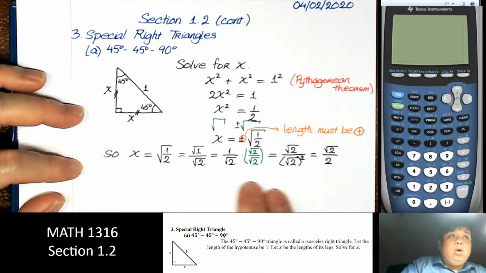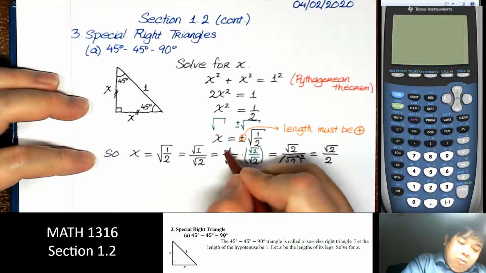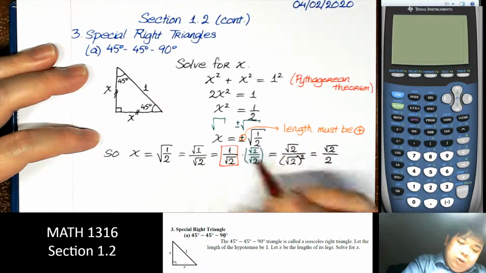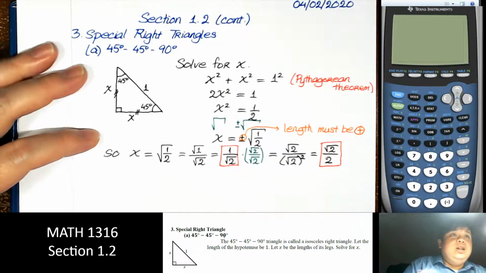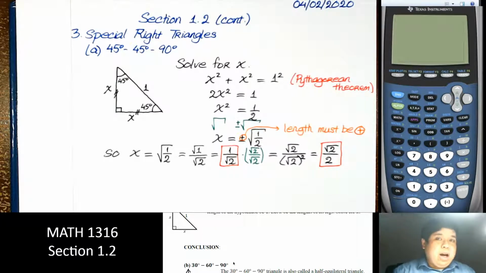Right. So all of them are equal. But the values that we use more often are 1 over square root of 2 or square root of 2 over 2. So we use one of those values. Right. And right below that we have a conclusion.